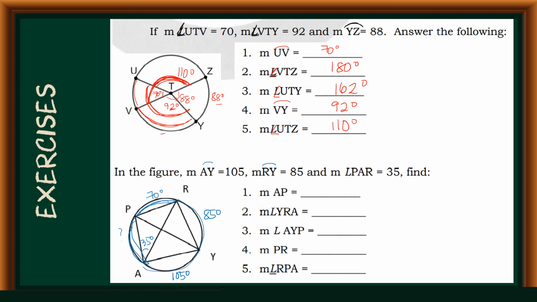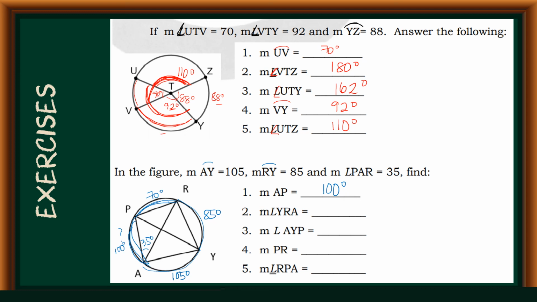So, ito na lang ang nawawala, which is arc PA. So, we have 70 plus 85 plus 105. Meron na tayong 260. Ano pa ang measurement ni RPA para maging 360? Okay, 100. So this is 100.